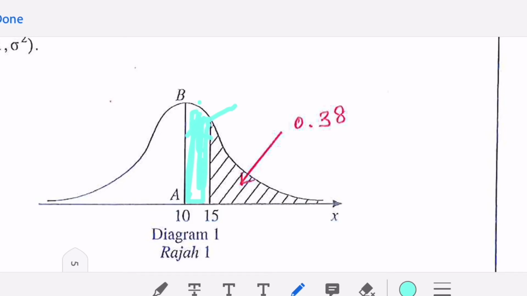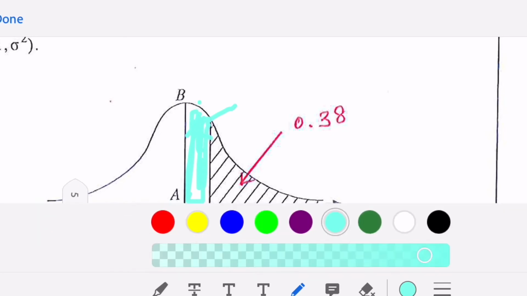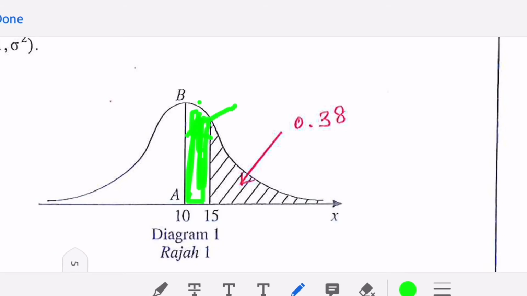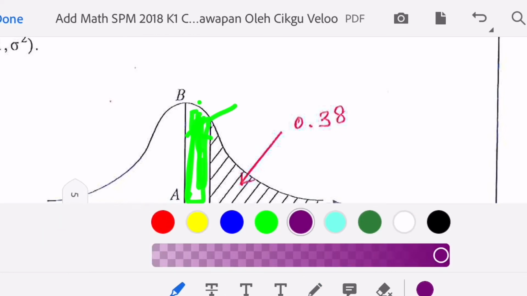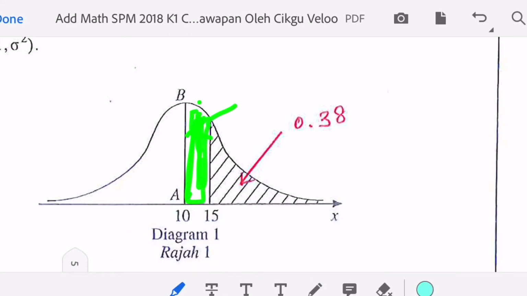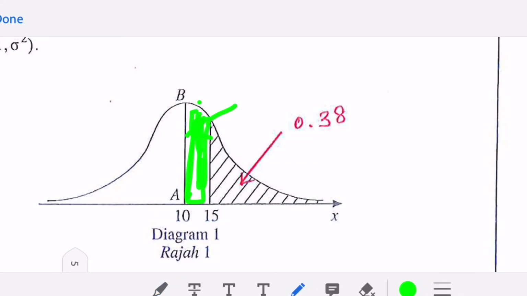Now the blue area shaded by me is the probability from 10 to 15. Now I want to find this area, which is shaded in green. Of course I will take half of the bell minus 0.38. Understand?